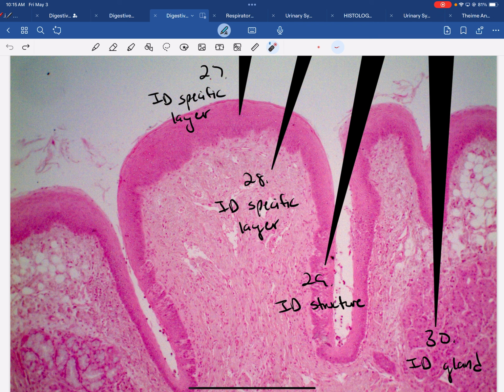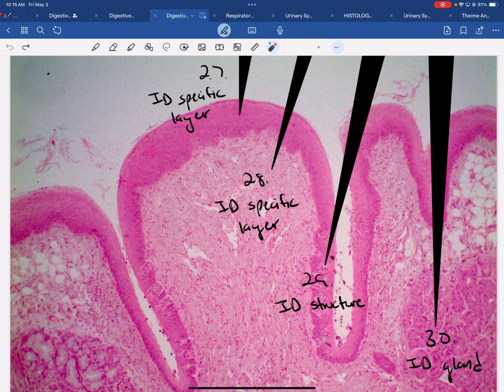Why is it a fungiform? Because it looks circular on the top and there are little other ones next to it. Or maybe I'm in a different organ, I don't know. What are these? Oh, those are taste buds. Those are taste buds, but they're on the sides. So can it be a fungiform or a filiform?